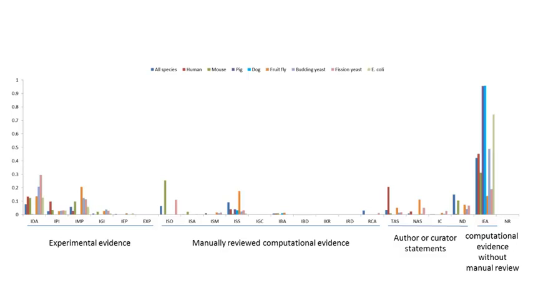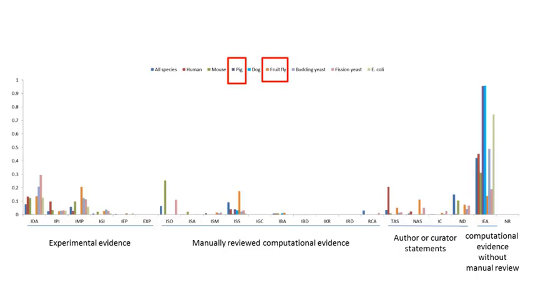Human and famous model organisms such as mouse and Drosophila tend to have more annotations based on experimental evidence and manual review of computational predictions, whereas non-model organisms whose genomes were sequenced tend to have most annotations based on purely computational predictions without manual review.